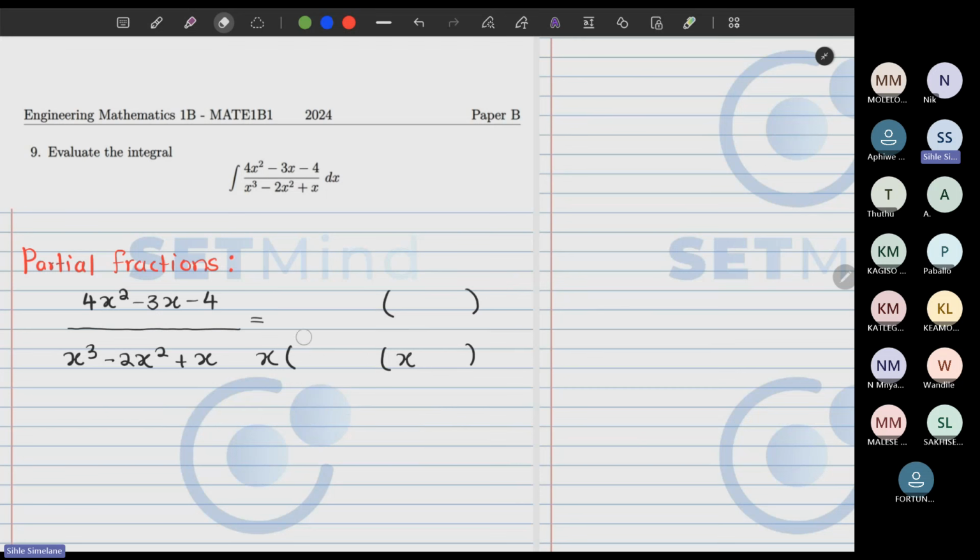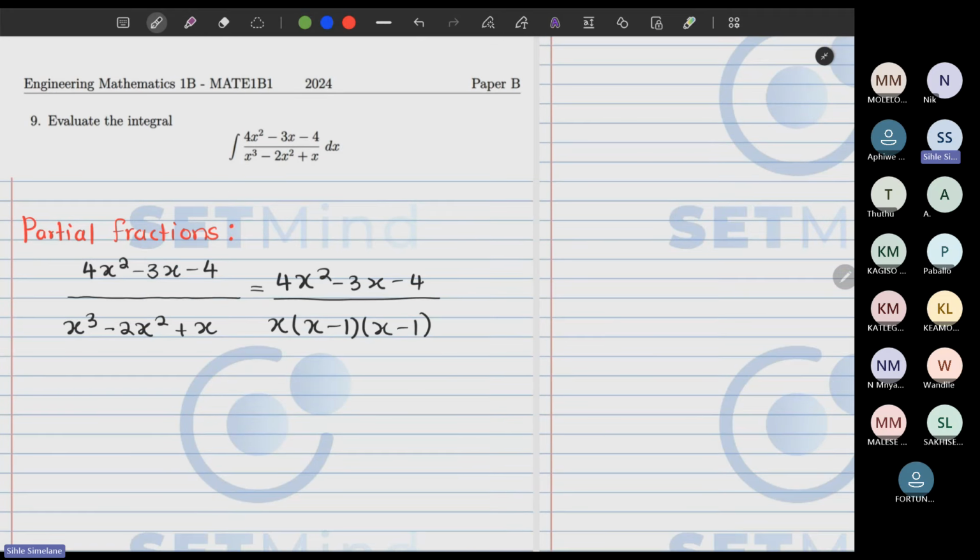So here's what we are going to do, guys. We have our denominator as x cubed minus 2x squared plus x. Our numerator is 4x squared minus 3x minus 4, and our denominator, when you factorize it, you'll get x into x minus 1 and x minus 1. So I'm going to go straight to partial fractions. Our partial fractions require us to have A over x.